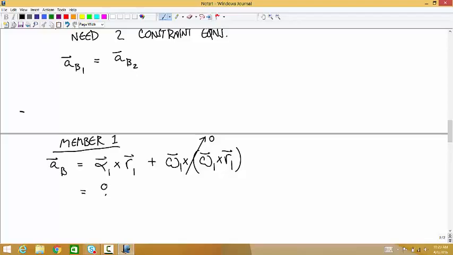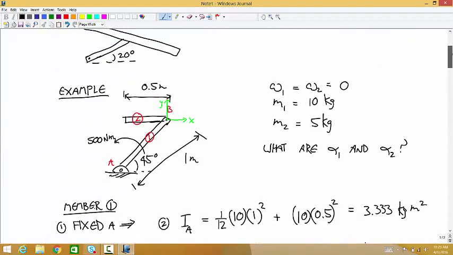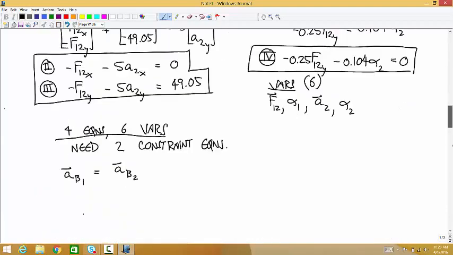So this is 0, 0, alpha 1, crossed with, what's the R vector for member 1? Yeah, positive 0.7071, positive 0.7071, because it always goes from the point that you're treating as fixed, that fixed center of the rotation, to the point of interest.